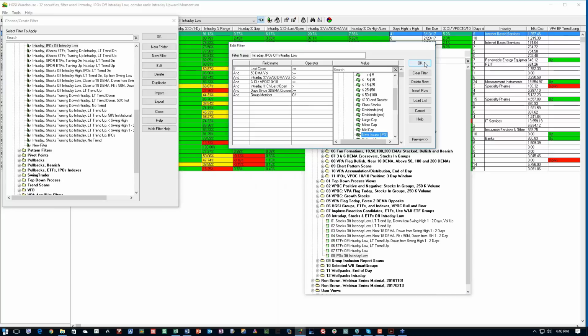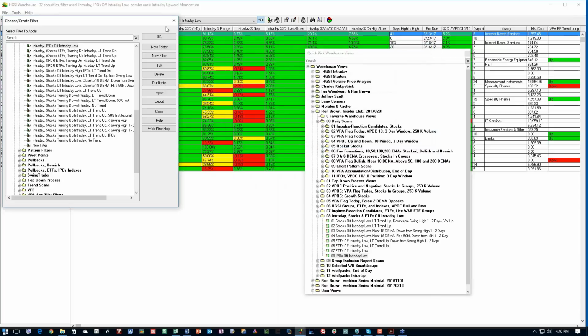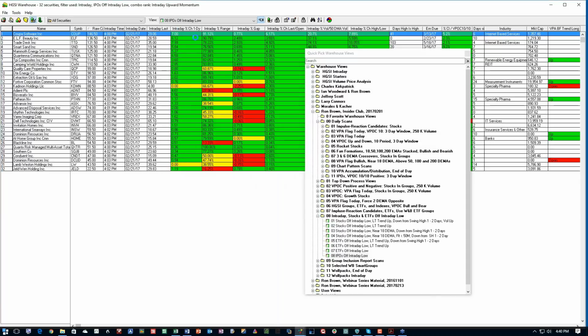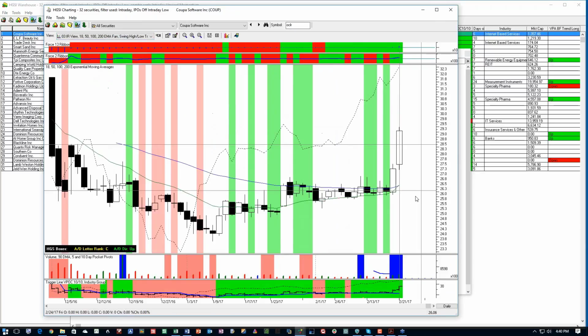So, I should have just canceled that. I'll just cancel this. So all of these stocks have come out within the last 6 months. And using this combo, we can look for stocks that are IPOs and they are moving intraday.